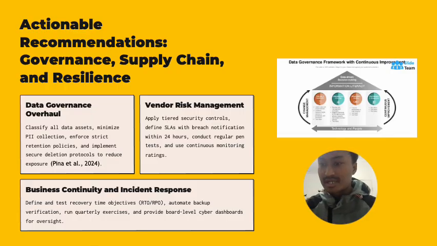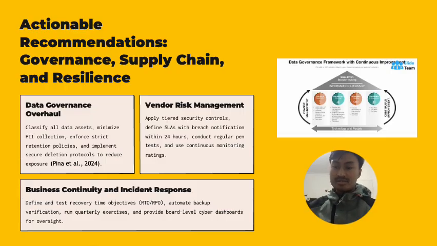Firstly, we propose a data governance overhaul. This means classifying all data, enforcing strict policies, and putting in secure, protected protocols to reduce the exposure. Second, in vendor risk management, we recommend tight security controls, rapid breach notification within 24 hours, regular penetration testing, and ongoing monitoring.